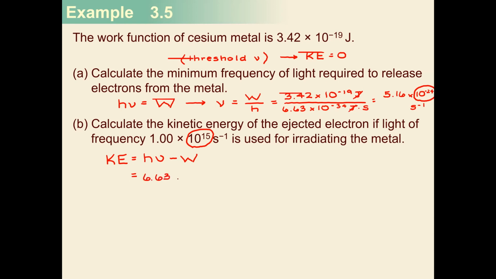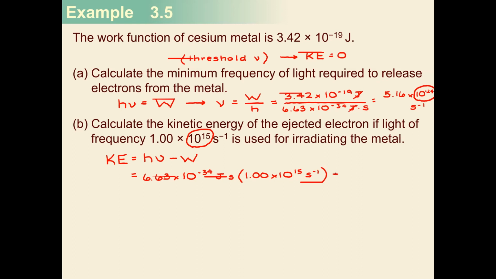So I can state that I will get 6.63 times 10 to the minus 34th joules times seconds, multiplying that by 1.00 times 10 to the 15th seconds to the minus 1.